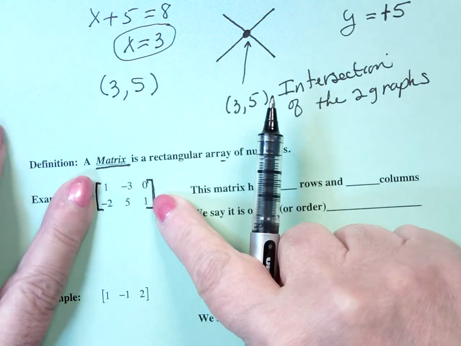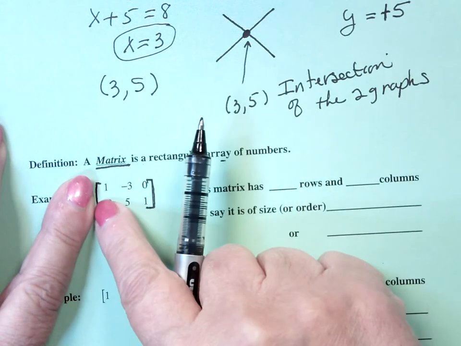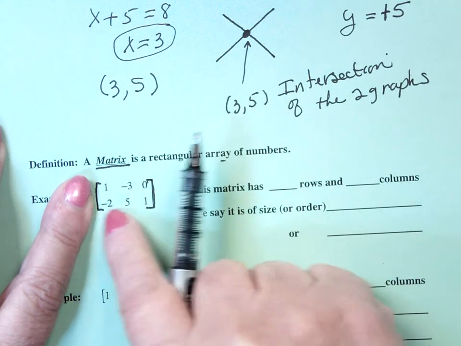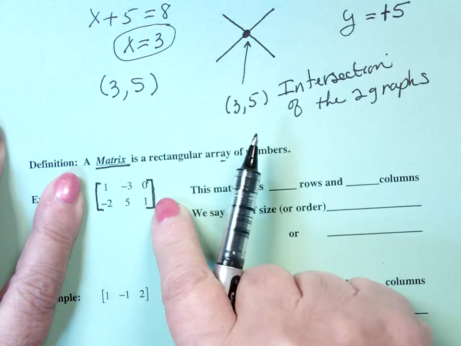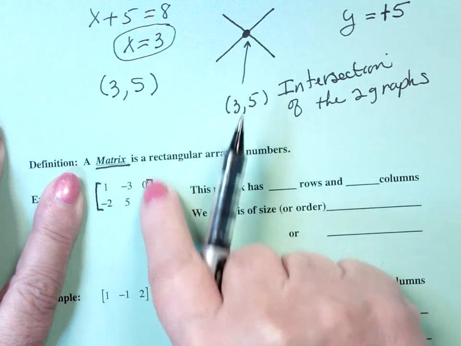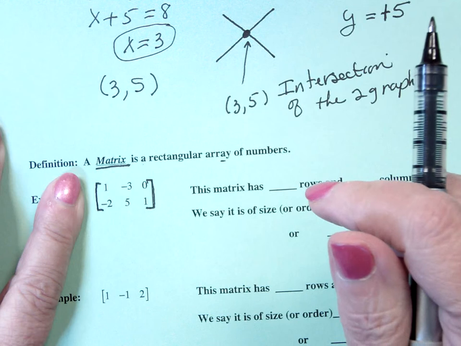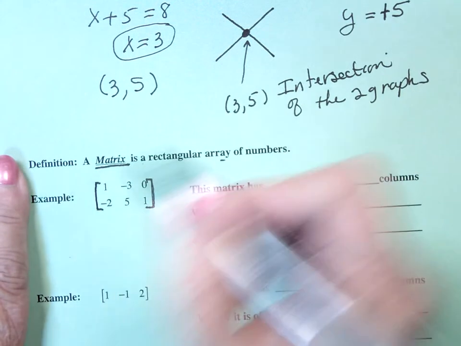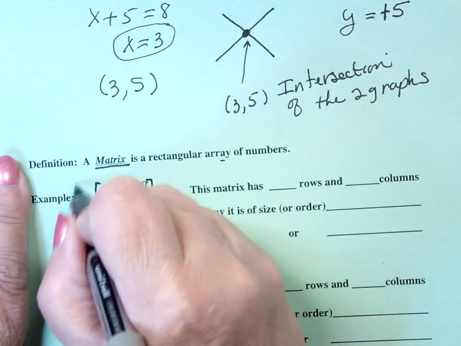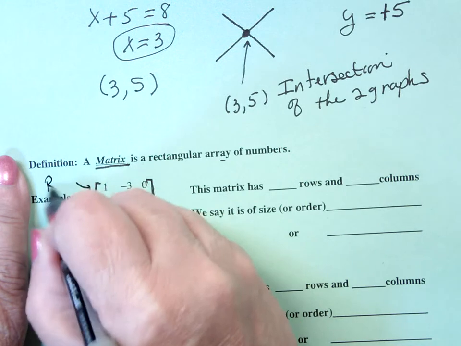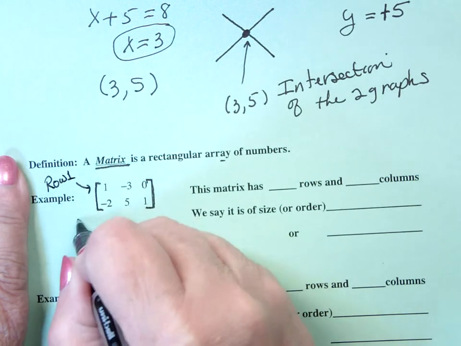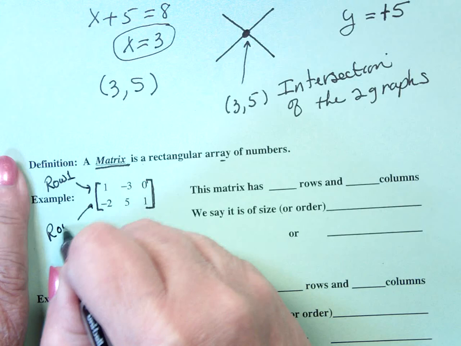So what I have is essentially something that's got rows and columns. This particular matrix has 2 rows. So this would be row 1, and that would be row 2.